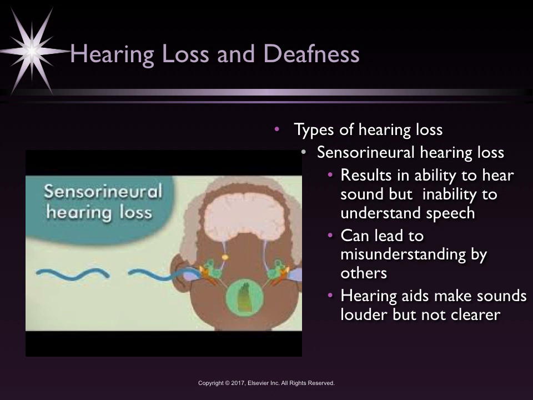A sensorineural hearing loss results in the ability to hear sounds, and it's usually caused by impairment of the inner ear, the vestibular cochlear nerve, and the ability to hear high-pitched sounds, including consonants, diminishes. So if you talk really high-pitched, a person with sensorineural loss won't be able to hear you.